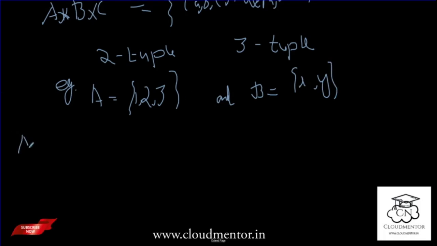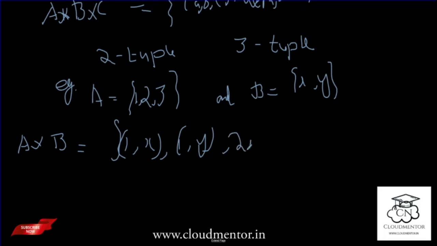Then A cross B will be equal to: 1 with x, that is 1x; 1 with y, that is 1y; and the next element 2 with x, that is 2x, and 2 with y, that is 2y.